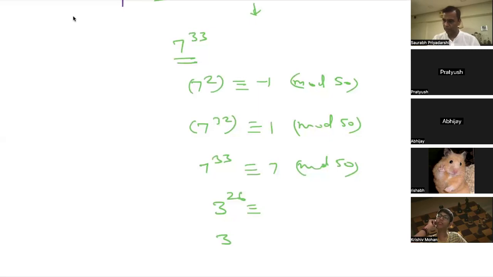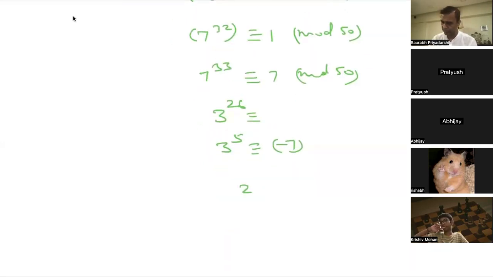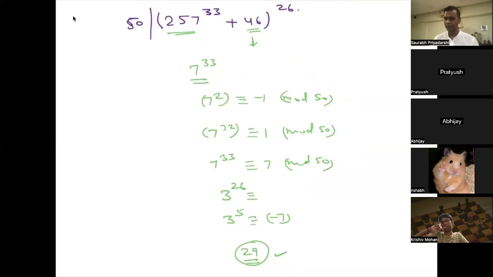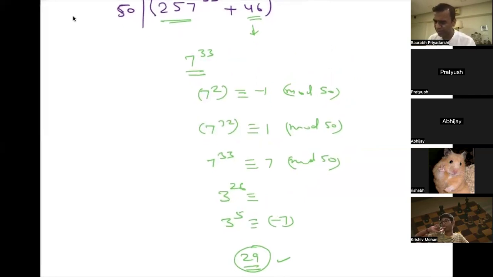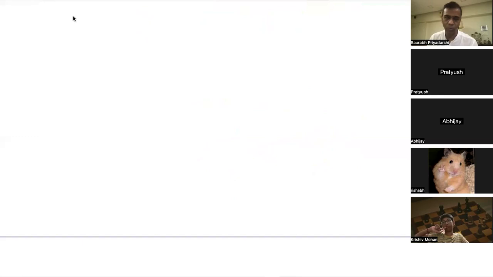Very good, it will give us -7. The square of -7 will be 49, and then I guess 29. Sir, in this, can't we go with mod 25 and then choose the odd option? Good, you'll get the same answer. No problem.